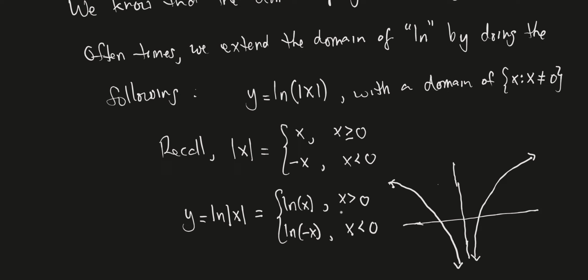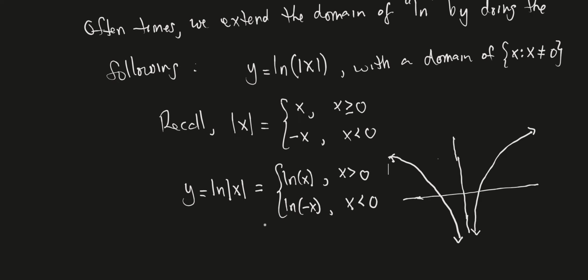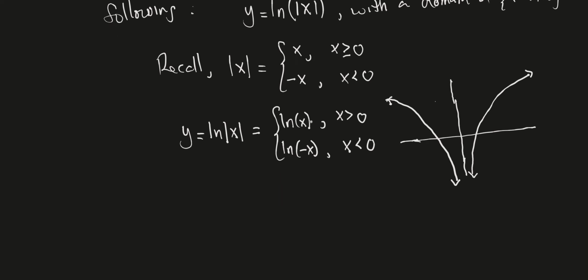So then the question is, what is the derivative of this function, right? Well, we proved the derivative of this, right, is 1 over x. So the question is, what is the derivative of the natural log of negative x? But what we can do is we can use our chain rule to figure it out, right?